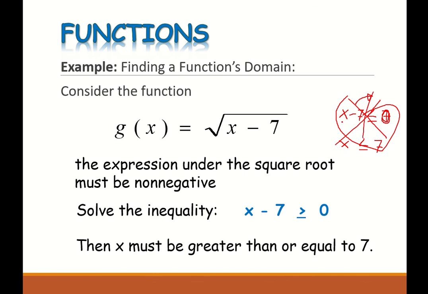Okay, so we have to follow this one here. We have to find out the value of this radicand by using x minus 7 greater than or equal to 0. I hope you understand this. So then x must be greater than or equal to 7.